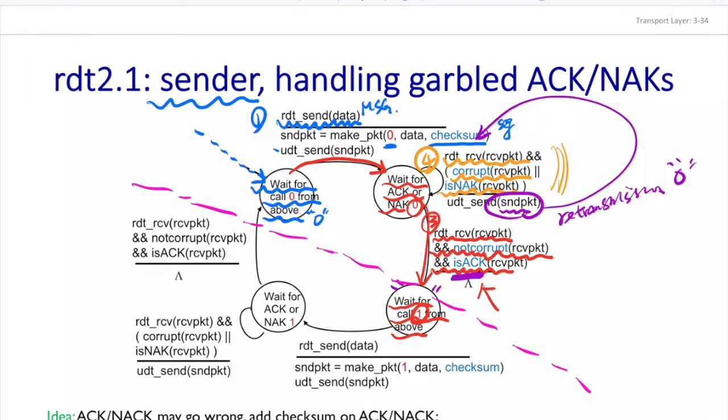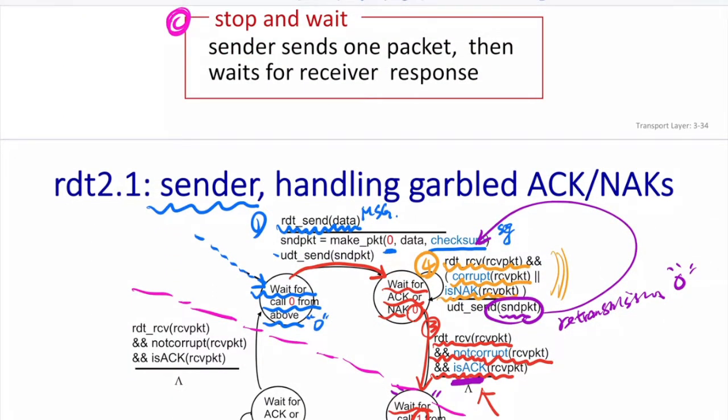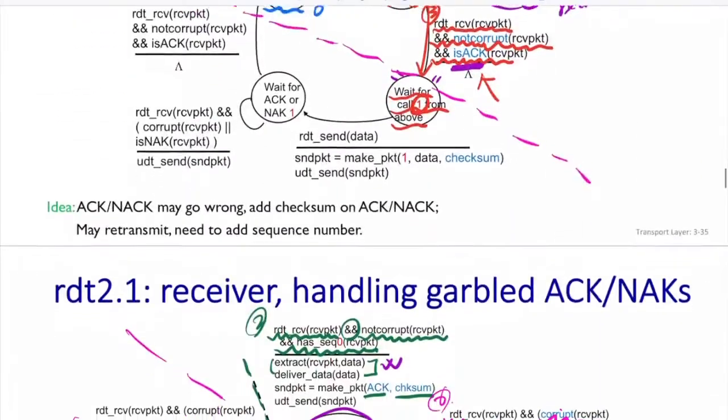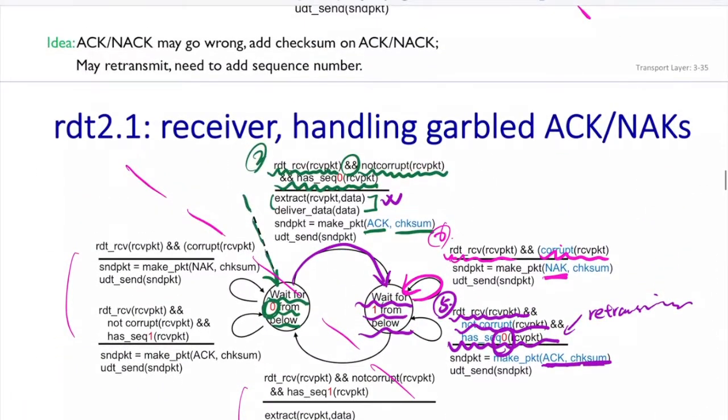It is okay, because the sender and receiver will not confuse using 1 or 0, because we have the stop and wait mechanism. 2 numbers is good enough. Okay, so that is RDT 2.1, and there's some discussion right here, but I think I already mentioned this.